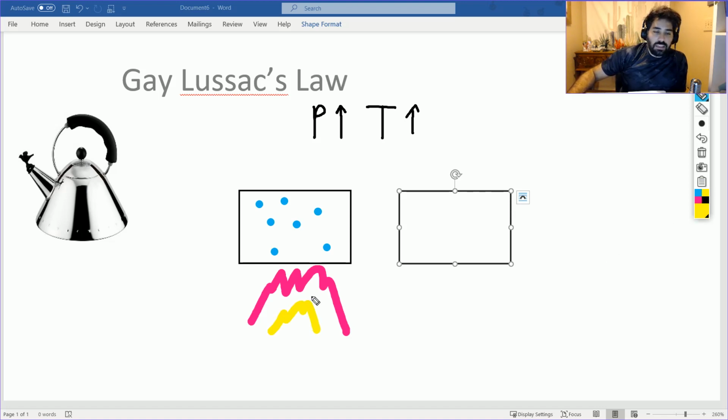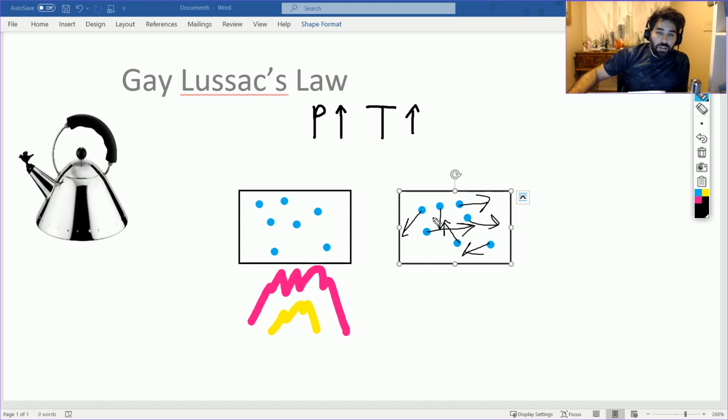The heat is going to increase the temperature of the inside of the box. And as the temperature goes up, what's going to happen to these 7 gas molecules is that their speed is going to increase. They're going to start moving. There's still going to be 7 of them inside the container, but they're going to be moving with much greater velocities.